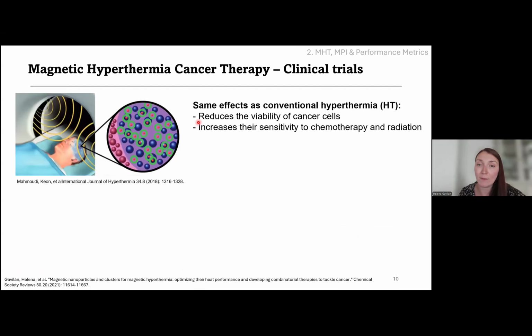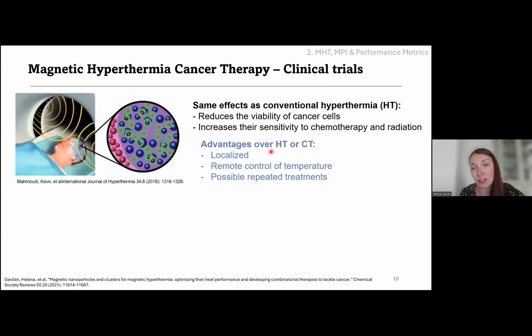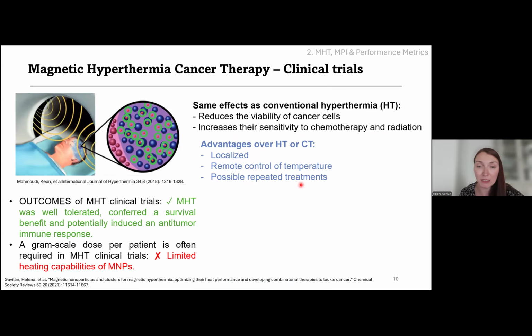We know that it has the same effects as conventional hyperthermia: it reduces the viability of cancer cells and increases the sensitivity to thermotherapy and radiation. But it has advantages over chemotherapy or conventional hyperthermia because it's localized, we can remotely control the temperature, and we can repeat multiple treatments.